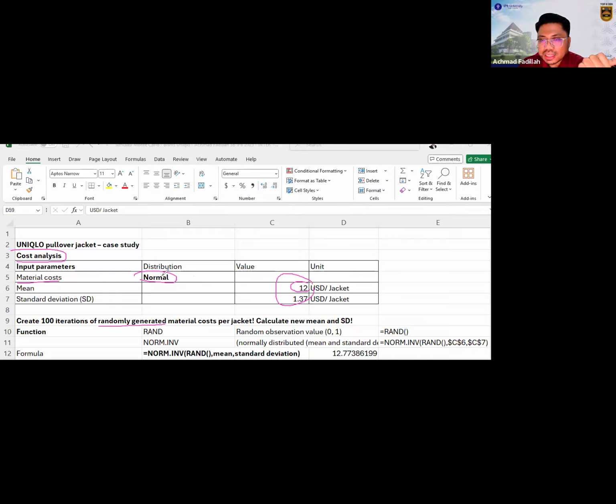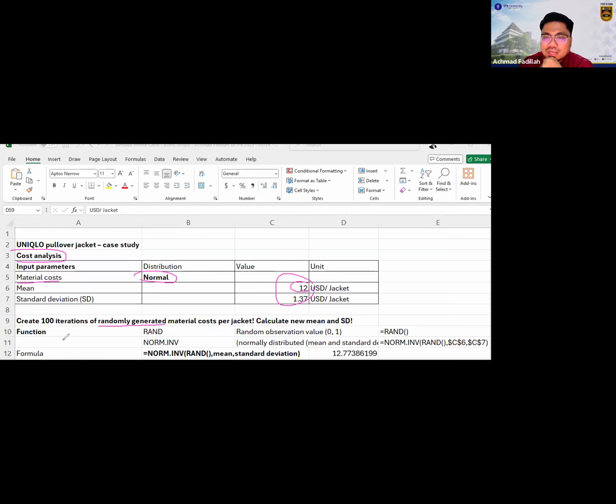Three pieces of information. The material cost data is normally distributed. The second one, the average is 12, but the fluctuation can be lower or higher. And we know the standard deviation is 1.37. And then you need to understand that I just use this Excel without any add-ins.